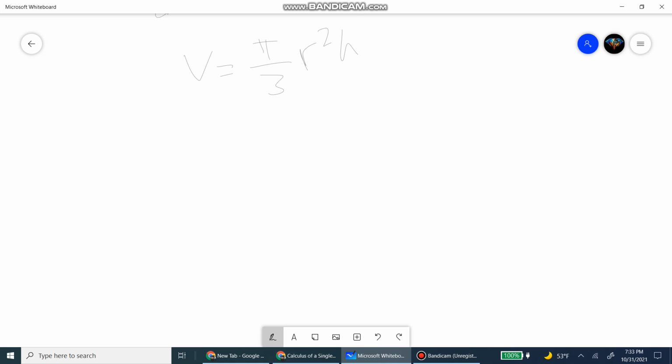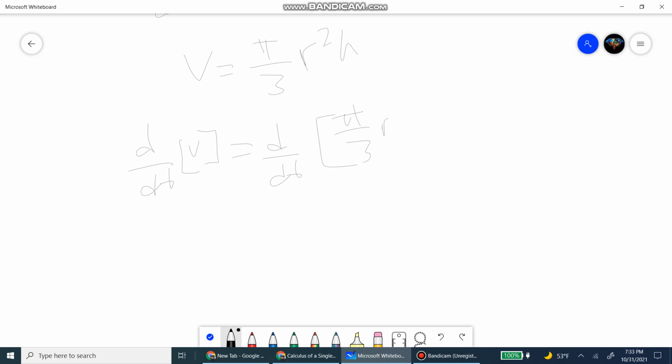First, d/dt of V equals d/dt of pi thirds r squared h, because this is all with respect to time. So this is just dV/dt, and that equals, you can use product rule.